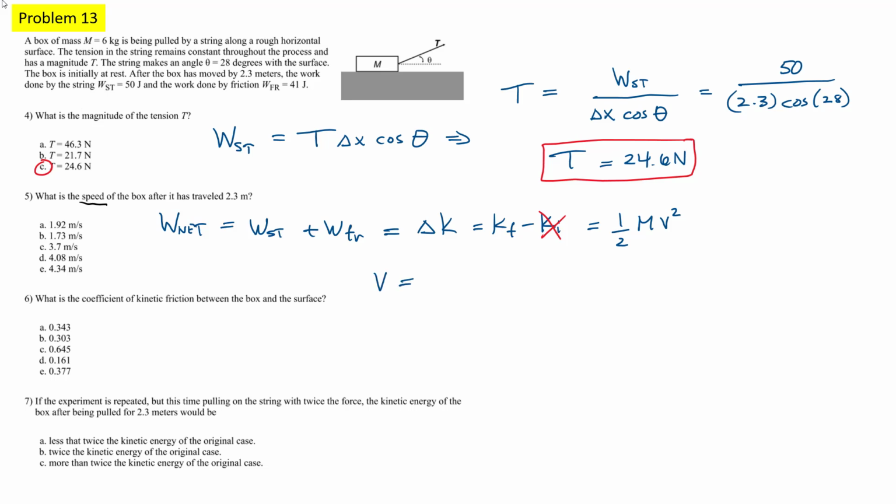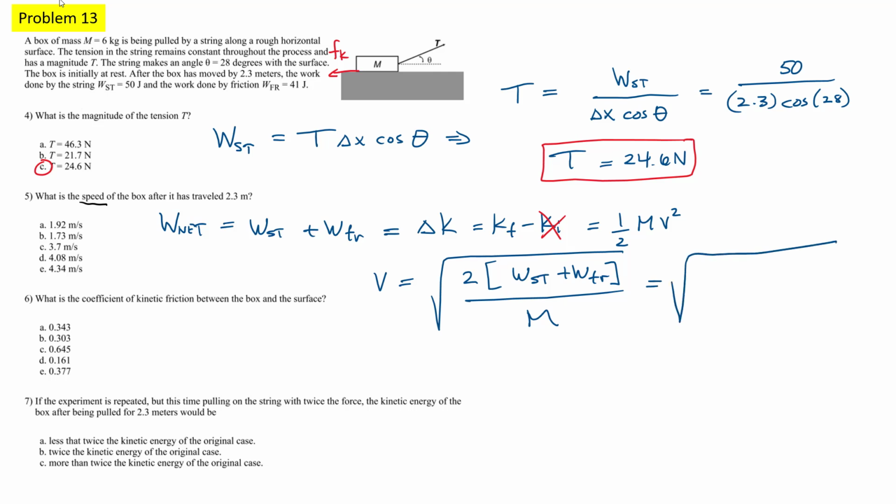So we get v is equal to the square root of 2 times the work done by the string plus the work done by friction, divided by the mass m. Now there is one important thing to consider here. The friction force acts in this direction, and the tension acts like this. So when you substitute your numbers into this expression, you have to be careful. See if they got you.